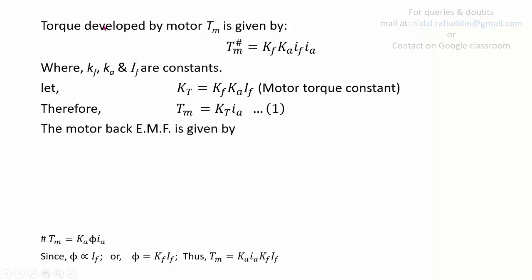Now if you talk about the back EMF that is being produced inside the motor, it is proportional to angular velocity, and hence Eb can be written as, if you remember, Eb was given by an expression Np phi Z over 60A.